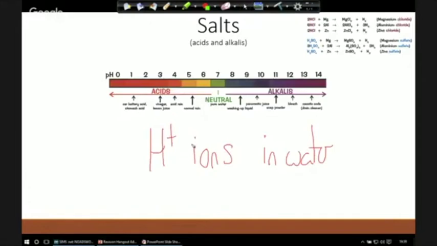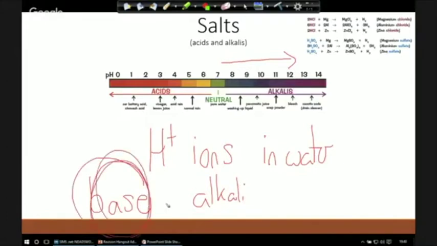Now, an alkali is slightly different. We don't actually use the term all the time. You often come across this term, a base. Well, a base is actually a substance that is pH 7 or greater. The only time we use the word alkali is, an alkali is a base, but it can dissolve in water.